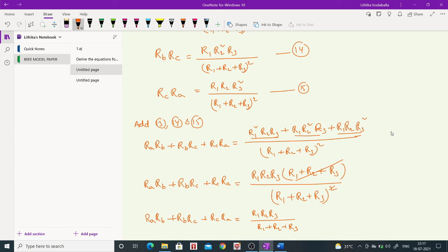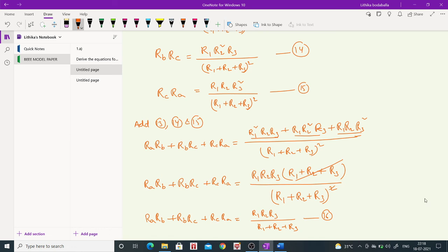Okay. Let it be equation 16. Already 15 were completed, let it be equation 16.